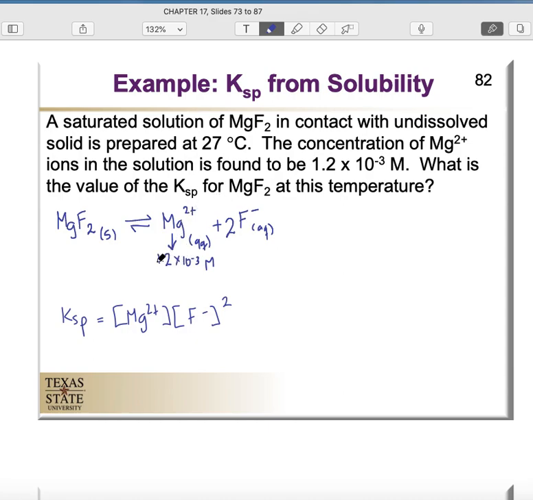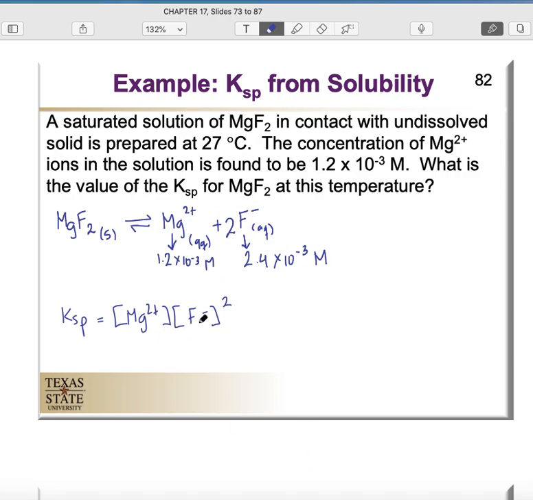So if the concentration of the magnesium ions is 1.2 times 10 to the minus 3, then the concentration of the fluoride ions needs to be twice that, so 2.4 times 10 to the minus 3. The reason is that magnesium fluoride is the only source for the magnesium and fluoride ions, and so their ratios are determined by those coefficients, a 1 to 2 ratio.